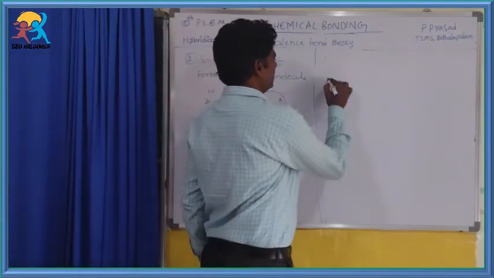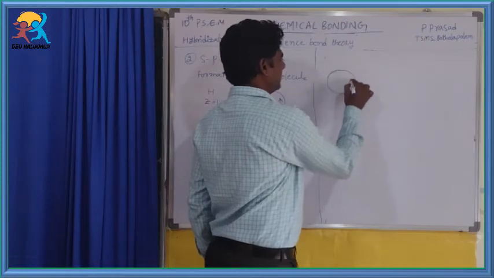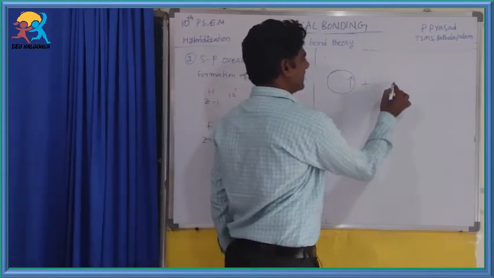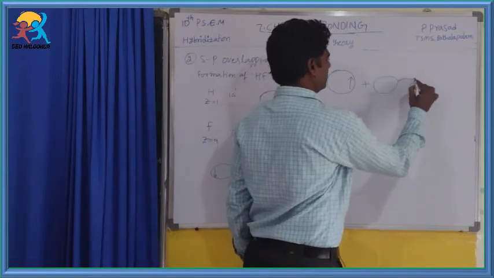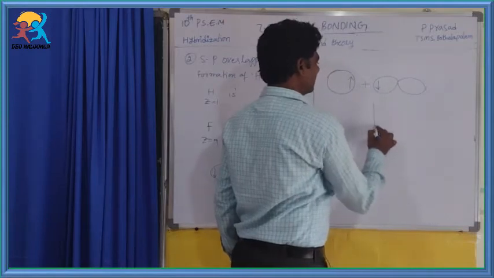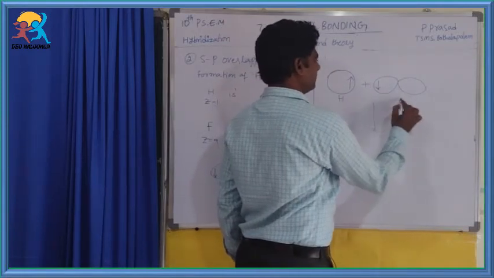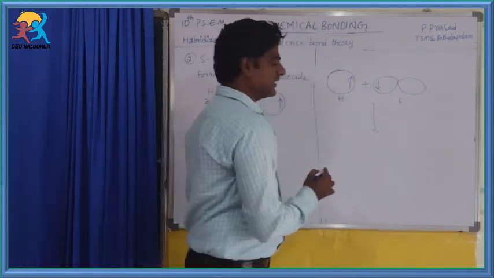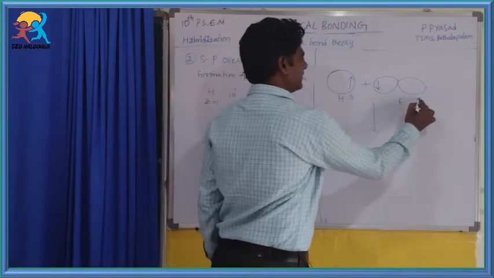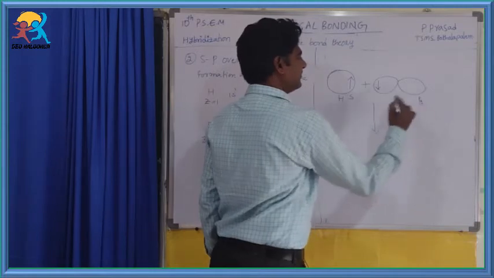When the hydrogen atom and fluorine atom come closer, the overlapping takes place like this. First I am writing the 1s orbital of the hydrogen atom, next the 2pz orbital of the fluorine atom.